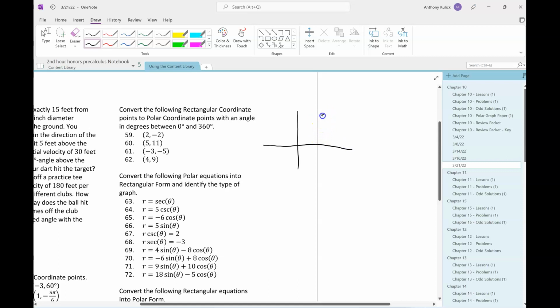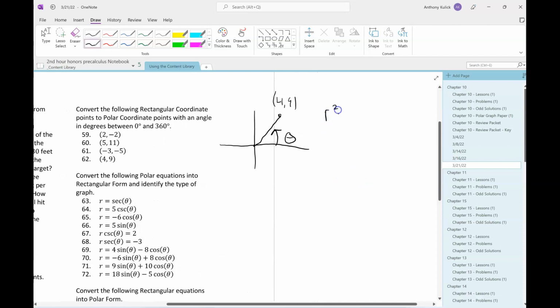So 4 over and 9 up is like here, right? Agreed? So the angle I'm looking for is this one.